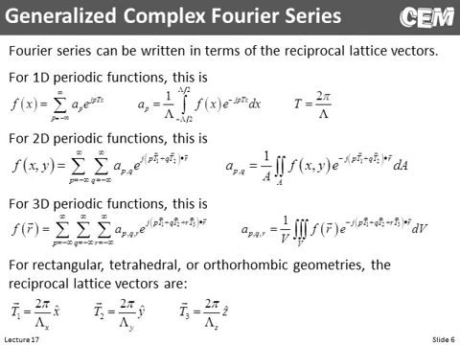Well, it turns out we can generalize these complex Fourier series to account for any crystal symmetry that there is. So given lattice vectors, we'll just look at the three-dimensional case, given our three primitive lattice vectors, T1, T2, and T3, and these will be for the reciprocal lattice, by the way, so these are reciprocal lattice vectors, we can write a three-dimensional complex Fourier series this way.